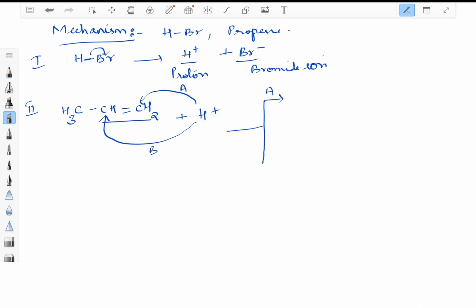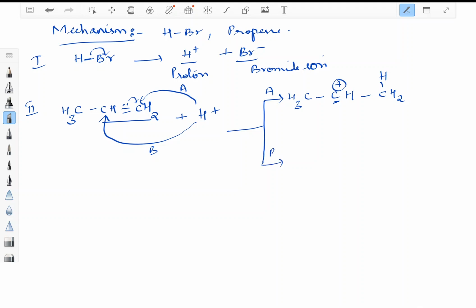By A step, if this proton is going here, you know that the pi electrons would shift here and result in the formation of sigma bond. So we write here CH3 CH single bond CH2 with a hydrogen now here, and because this carbon is losing pi electrons, it will get positive charge.